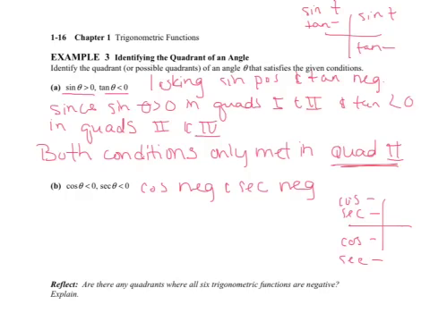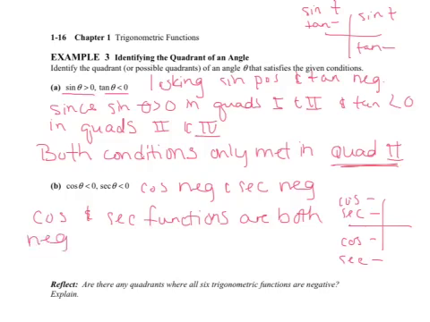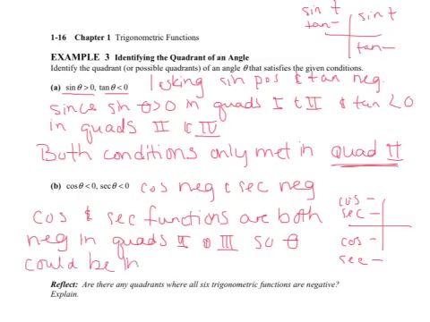It's hard to write with little stylus. So I can say that cosine and secant functions are both negative in quads 2 and 3, so theta could be in either of the two quadrants.